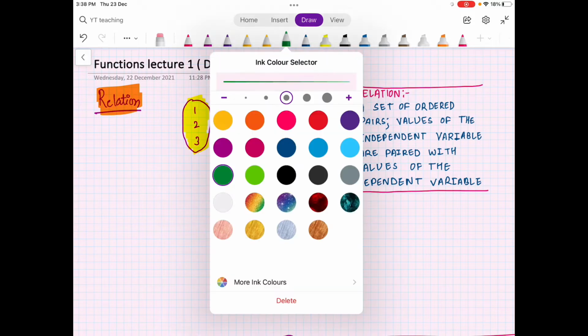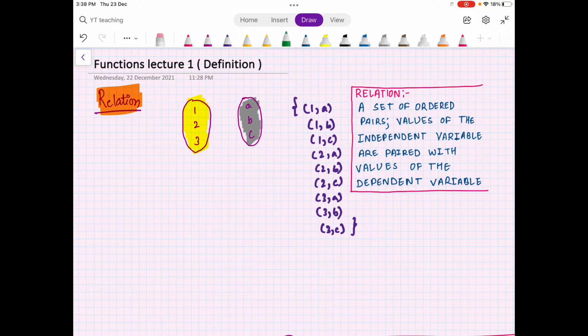What I can do is relate elements of this set. Let me call this set A and this set B. So I am relating elements of set A with the elements of set B, which are A, B and C. For example, I can relate 1 with A, 1 with B, 1 with C, or 2 with A, 2 with B, 2 with C, or 3 with A, 3 with B and 3 with C. These are all the possible pairs.